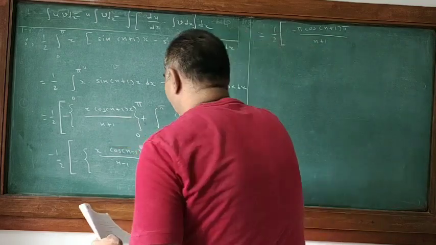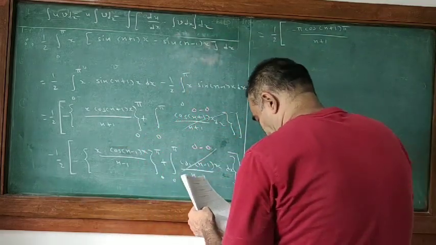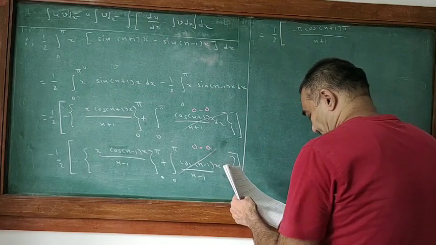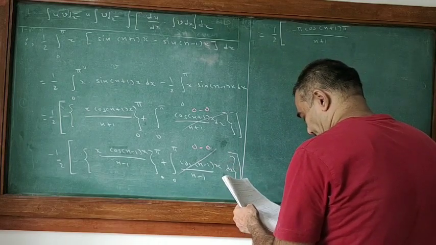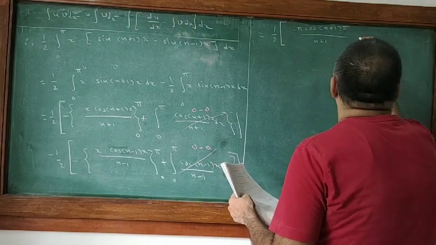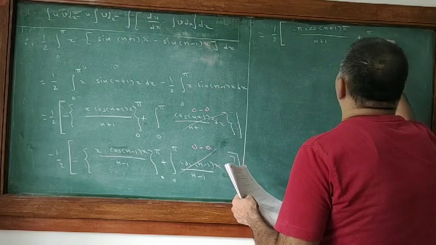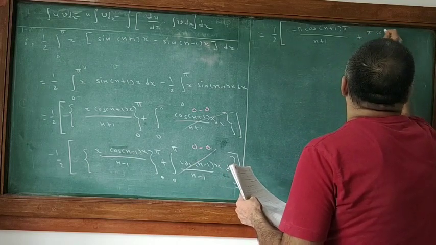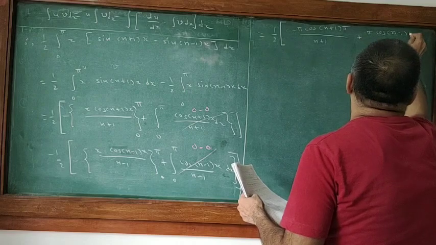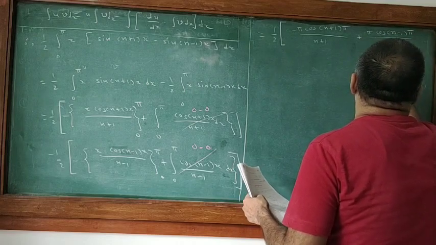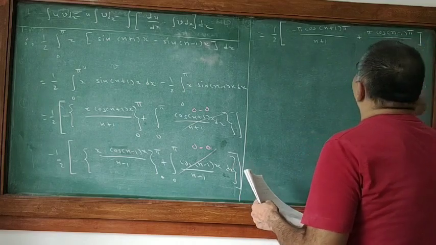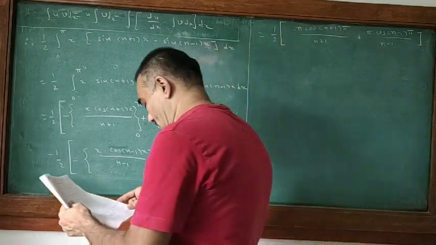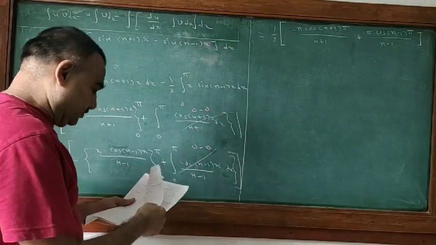At 0 this value is 0. Plus pi cos((n minus 1)pi).